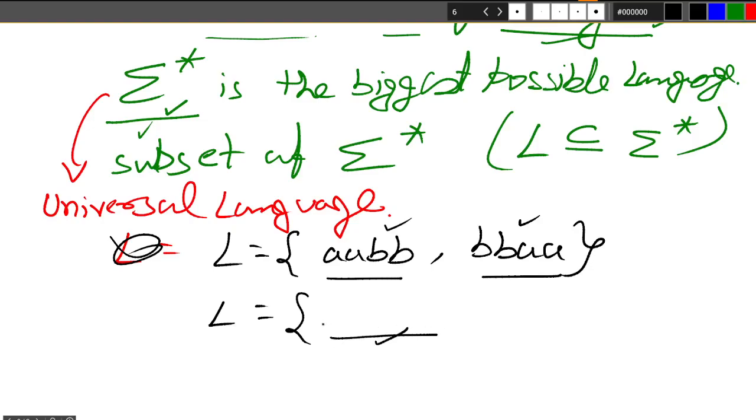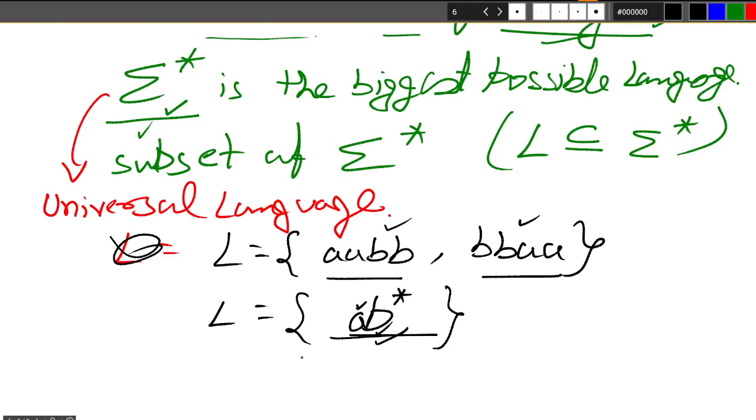Suppose for now, let me write it as A B star. Later on I will tell you what it means. It says that the first character will be A, and later on it may have any number of B's, since star means Kleene closure.